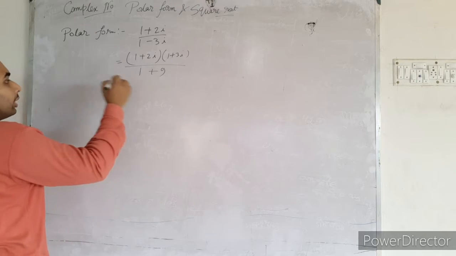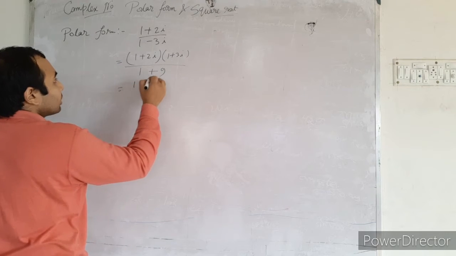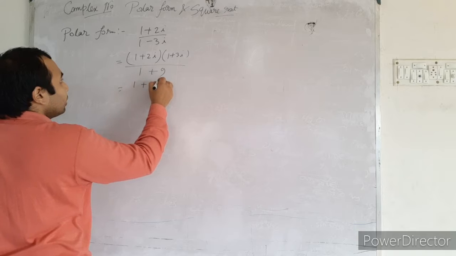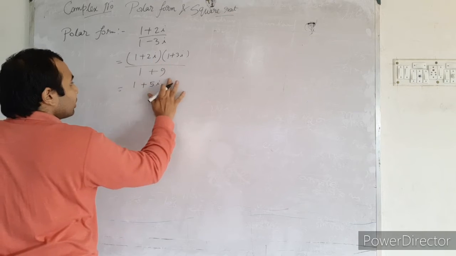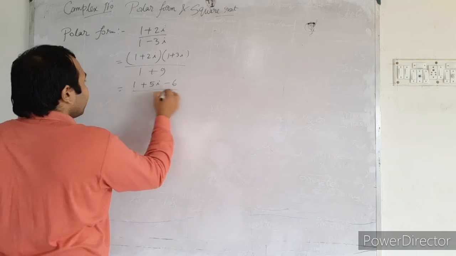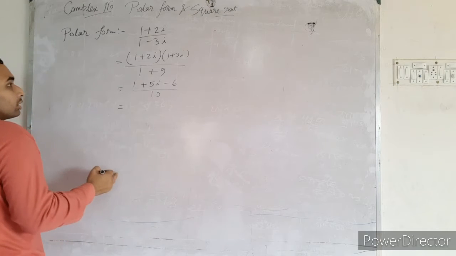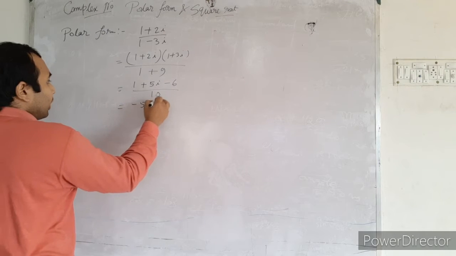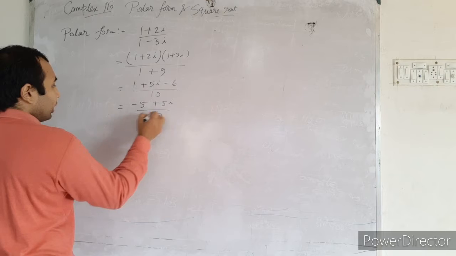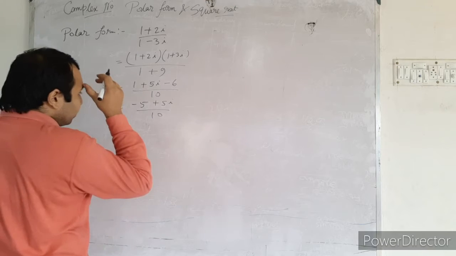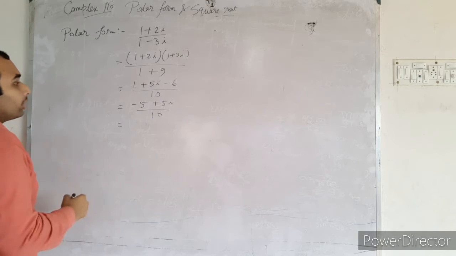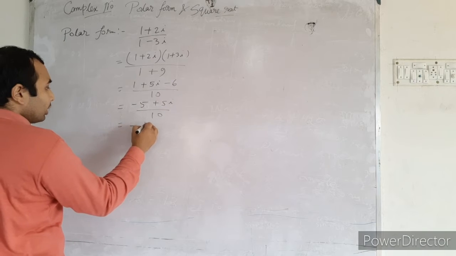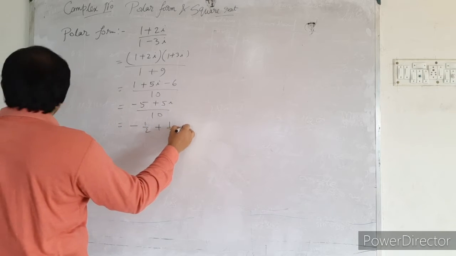So what we are getting here is 1 plus 5i plus 6i squared, and 6i squared means minus 6, all by 10. So it is minus 5 plus 5i by 10, and we can divide into two parts, the real part and the imaginary part, so it will be minus half plus half i.